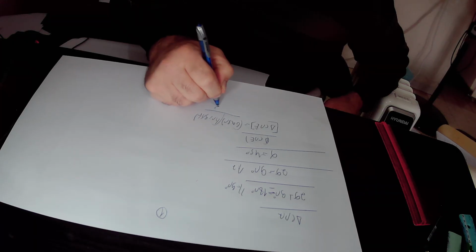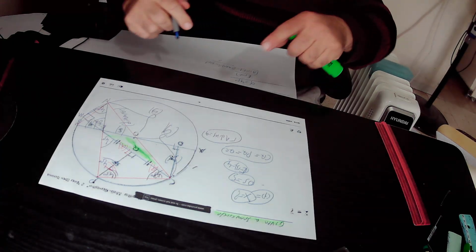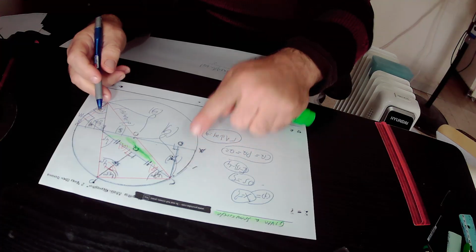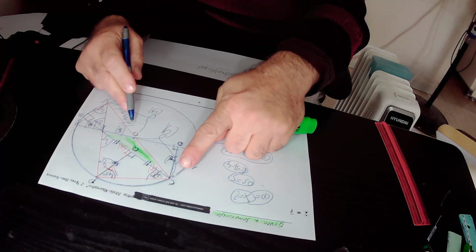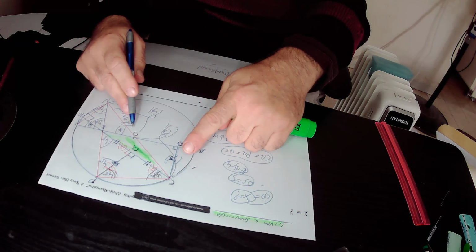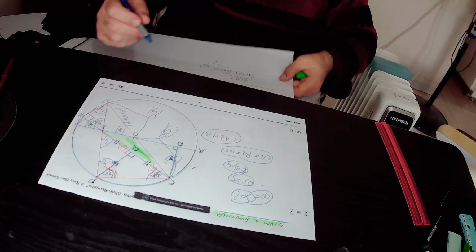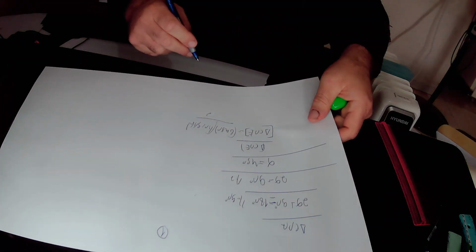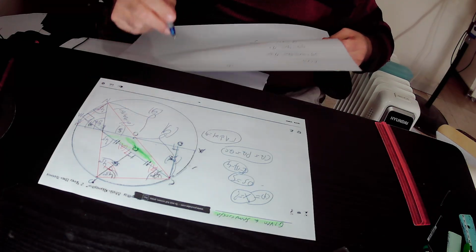We choose the base of this green triangle COE as CO. We know that CO is the radius of this circle, that is 9. So the base is CO.